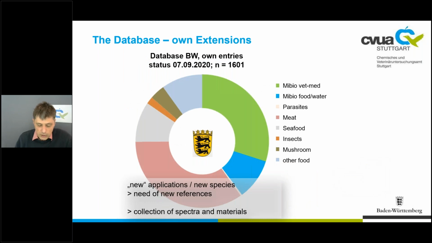We and our colleagues in Baden-Württemberg from our sister institutes in Freiburg and Karlsruhe created more than 1,600 reference entries together for several applications: microbes, meat, but also seafood, especially fish, insects, fungi, and so on.